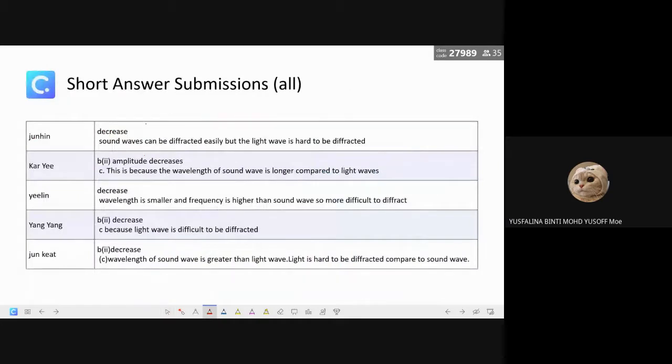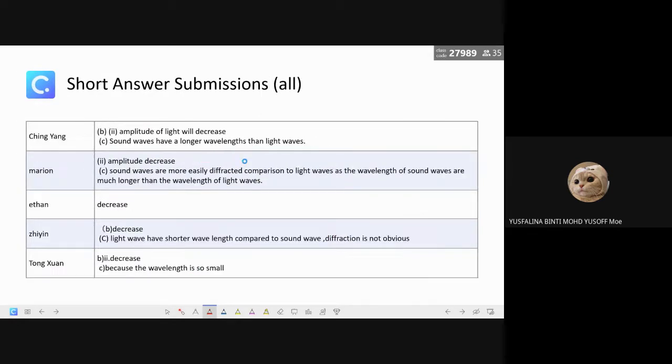Sound wave easily can be... okay. For this one, if you say this one only, I can give you 1 mark. So you have to mention why it is hard to be diffracted: because of the wavelength, right? The wavelength is smaller. No. You have to mention the wavelength.